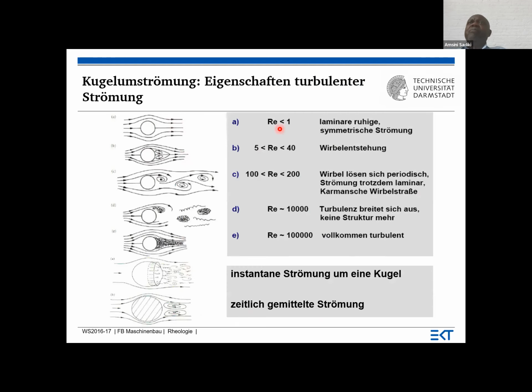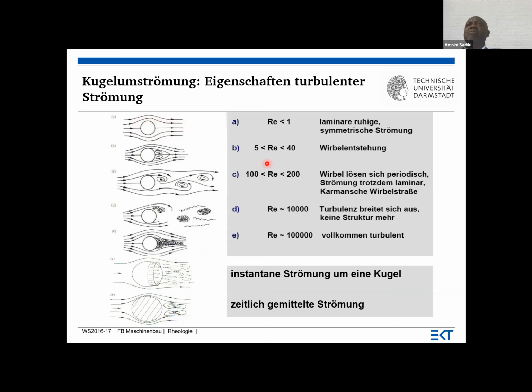So here, if the particle Reynolds number is very small, we have to deal with laminar flow. It is symmetric, as we see here. The flow goes around this particle in a laminar way.